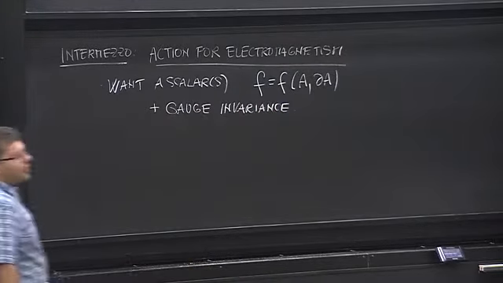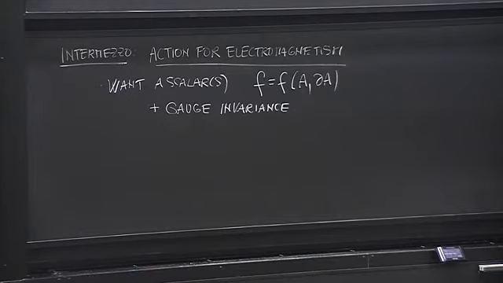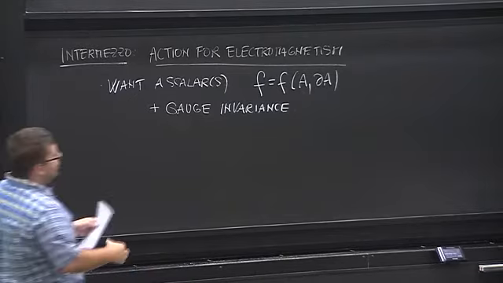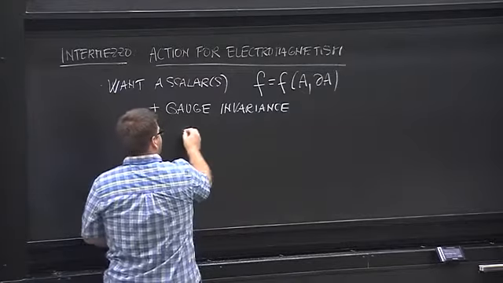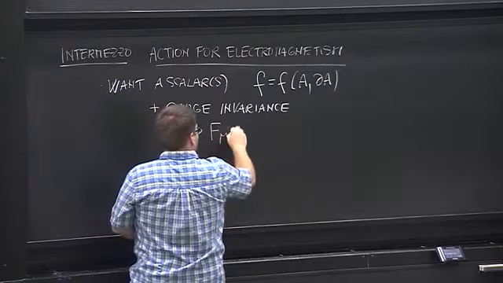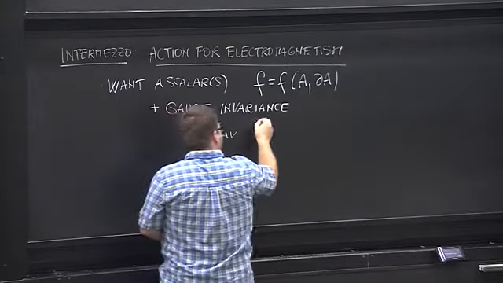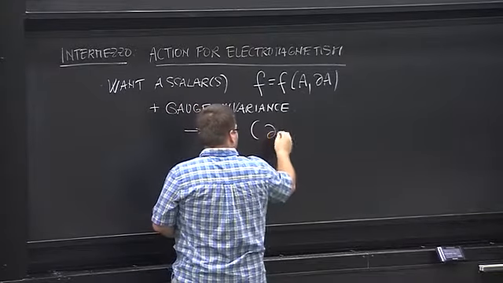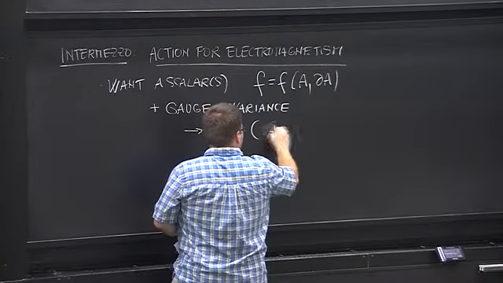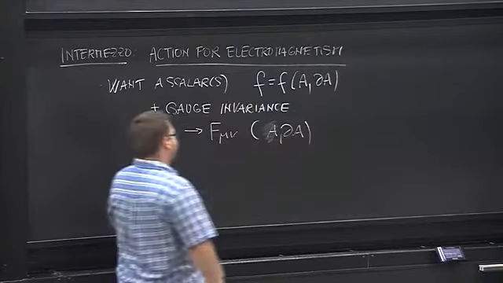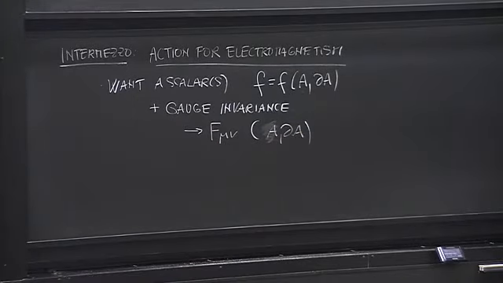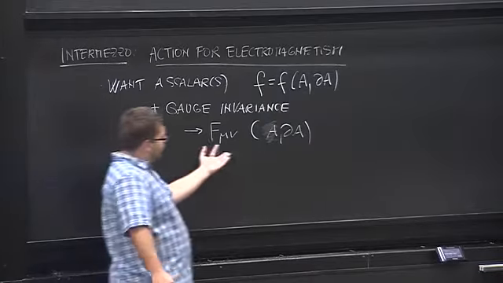Okay, and that basically tells you that the quantity which you have to use is F_{μν}, and so the only dependence on A is through F_{μν}. Of course F_{μν} is a function of ∂A in general. So gauge invariance requires that I'm using this F_{μν}. Then the question is, how many scalars can I form out of F_{μν}?